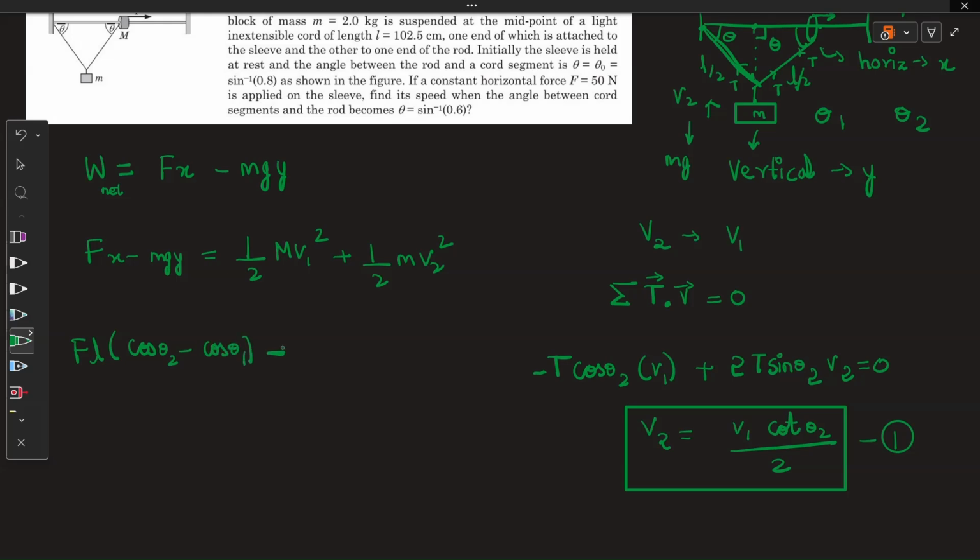Minus what is mg into y? So y is nothing but L by 2 sin theta 1 minus L by 2 sin theta 2, which is minus mg into the distance y, sin theta 1 minus sin theta 2 into L by 2. This is the work done.